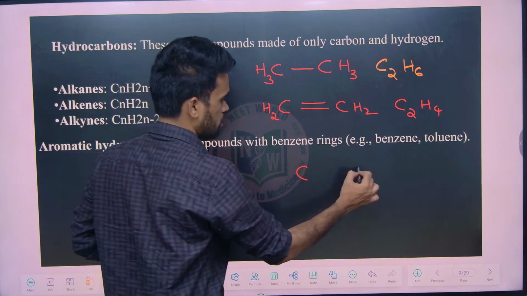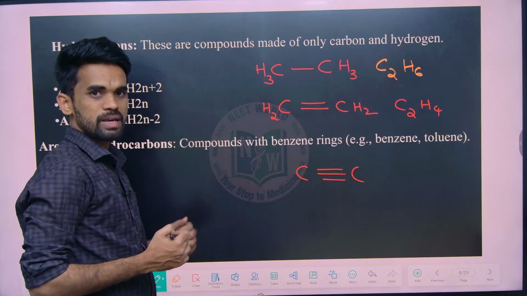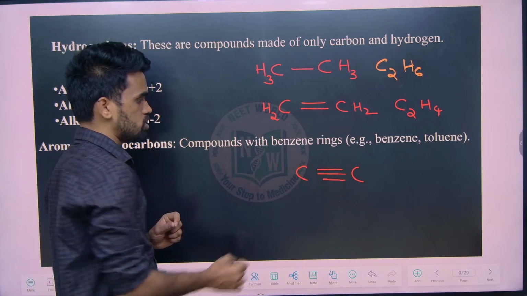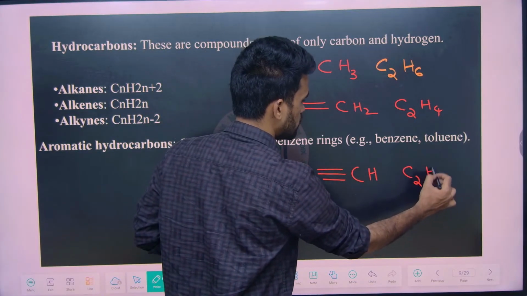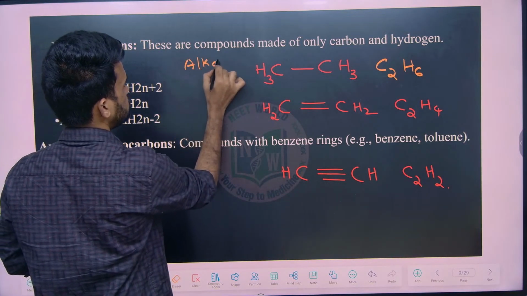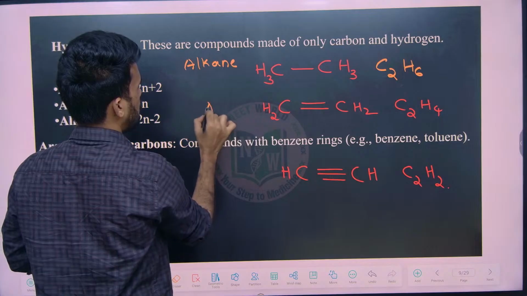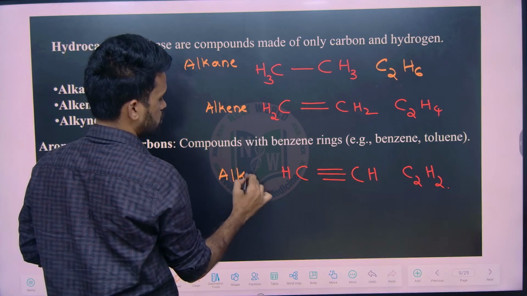Carbon, carbon, make it a triple bond, and balance the remaining valency of carbon using hydrogen. The formula becomes C2H2. So this is alkane, this is alkene, this is alkyne.